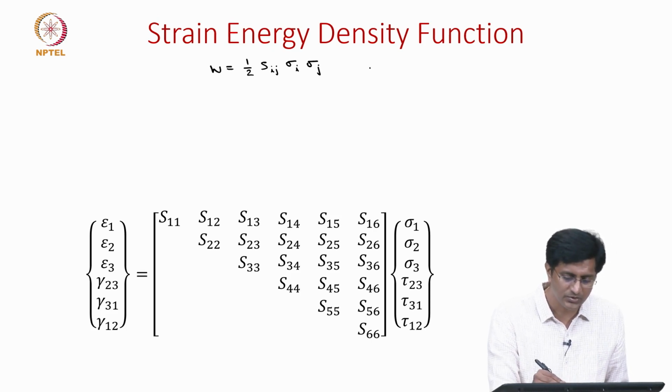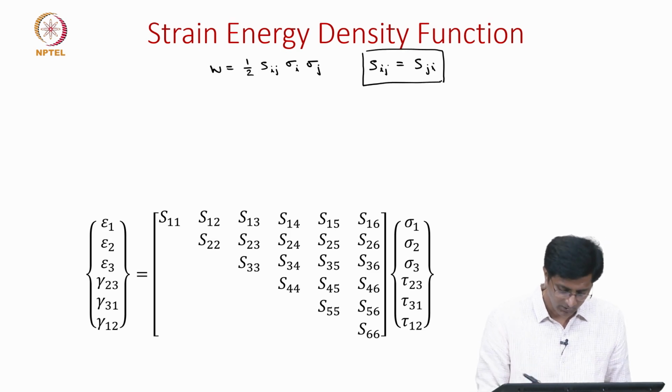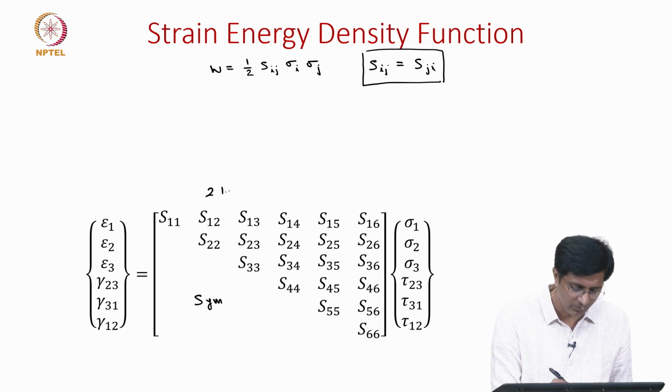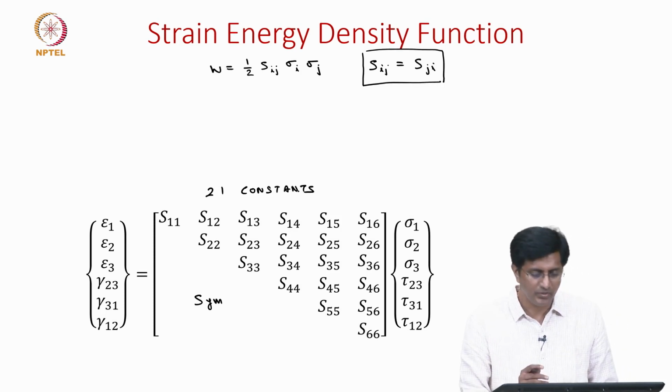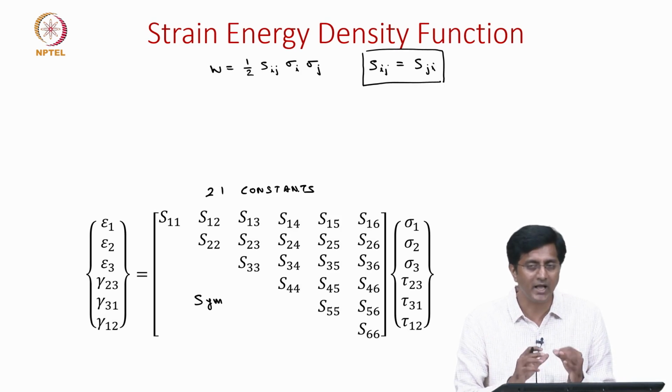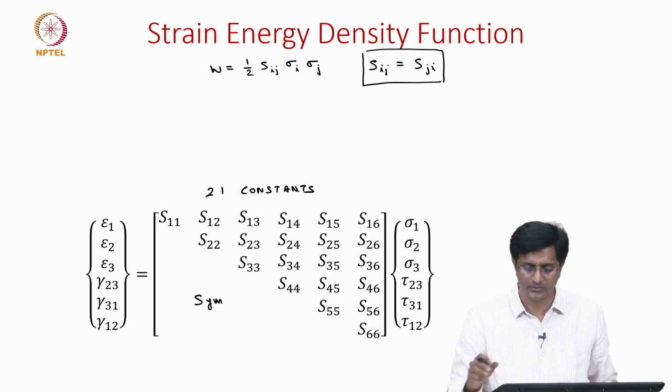And later from this you can prove that Sij is Sji, meaning that the compliance matrix is also symmetric, and again once we say this is symmetric, we can say there are 21 independent constants. So, we have shown that both the stiffness matrix as well as the compliance matrix have symmetry, and because of this symmetry we have further reduced the number of independent constants to 21.